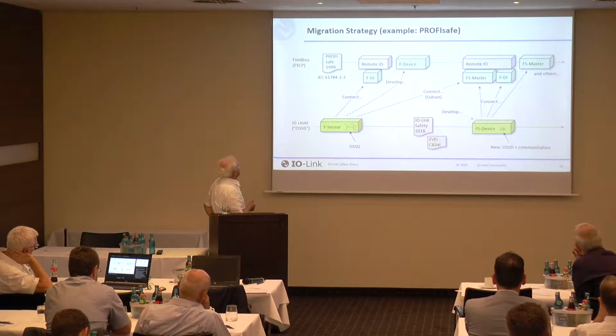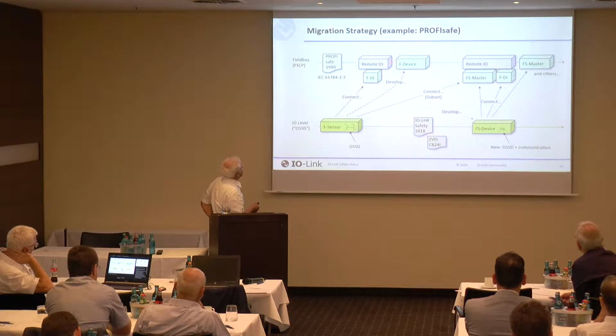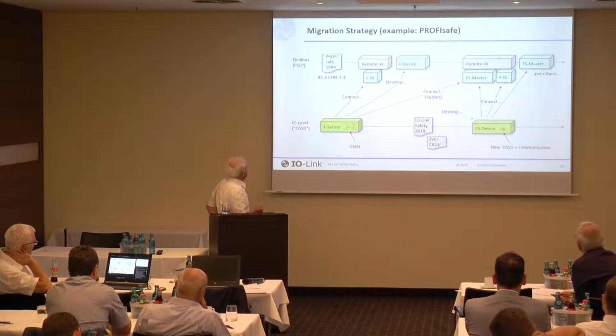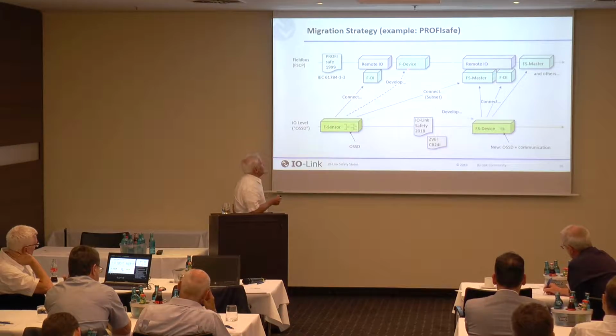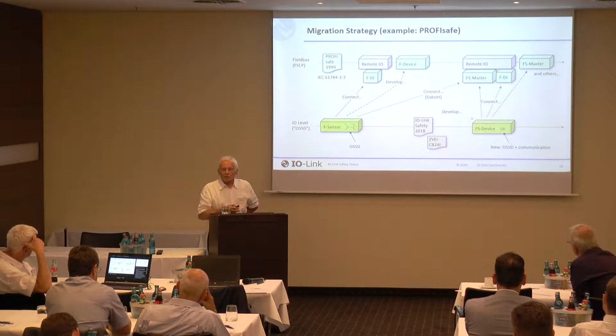Okay, so this is the possible migration strategy. ProfiSafe came out in 1999 as an example. So the original safety sensors could be connected to these FDI modules, or the sensor manufacturer could develop a device directly for this particular functional safety communication profile.